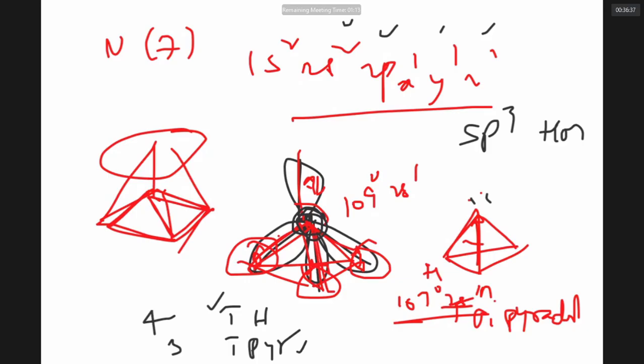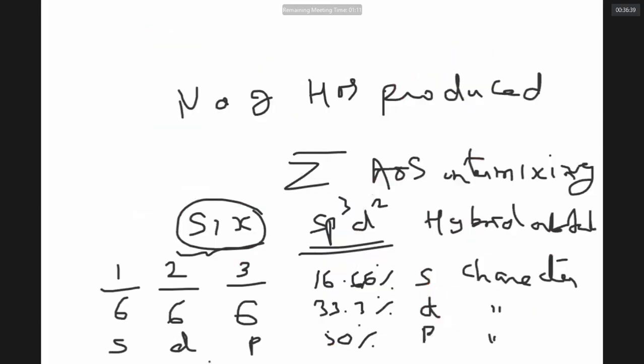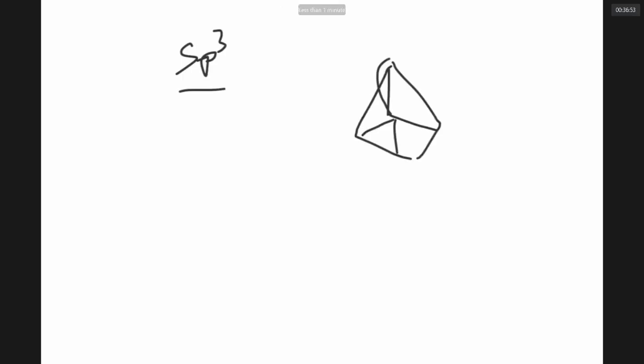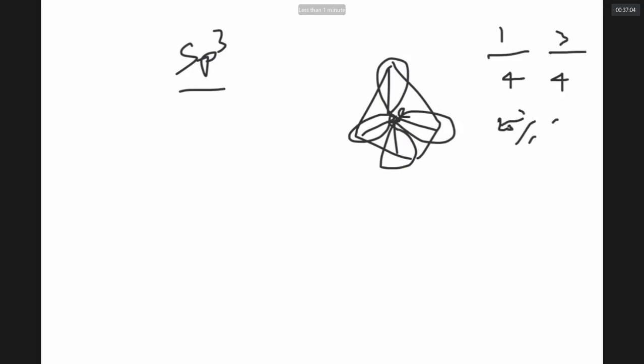Let us take the last example before we close. All of you please pay attention. sp3 hybridization, what is the shape, sir? Tetrahedral. And you know, in sp3 hybrid orbitals, 1 out of 4 is s, 3 out of 4 are p. It means it has 25% s character, 75% p character.